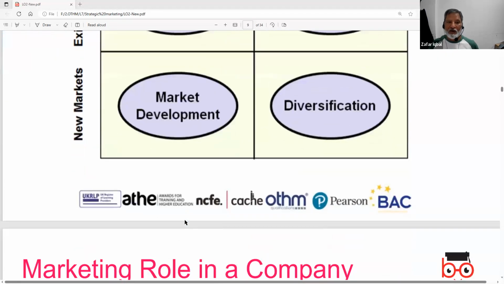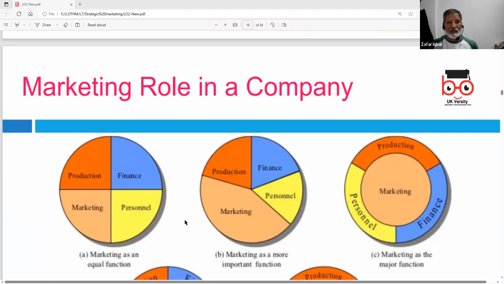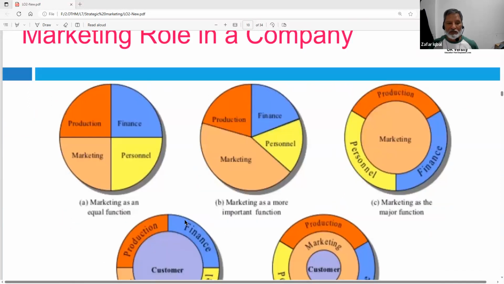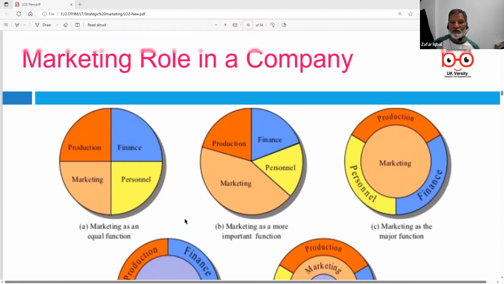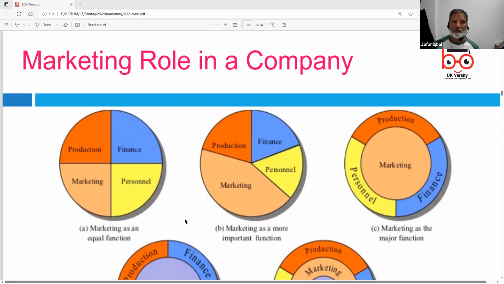Now, the marketing department can be seen as very important, because it can be seen from different angles and different perspectives.